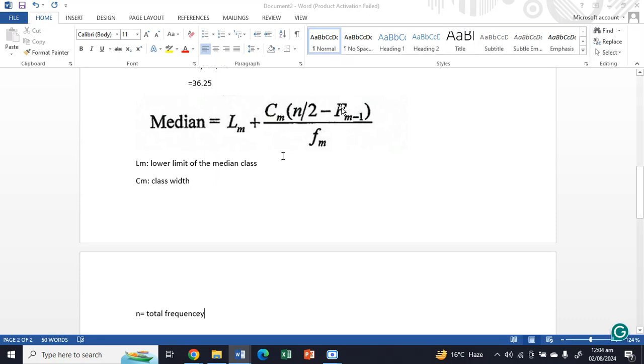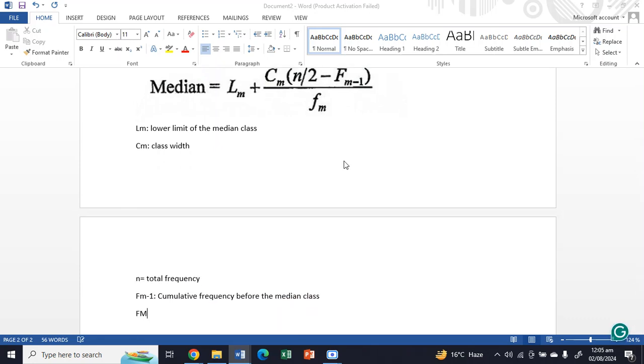Fm minus 1, the cumulative frequency before the median class. And Fm represents the frequency of the median class.